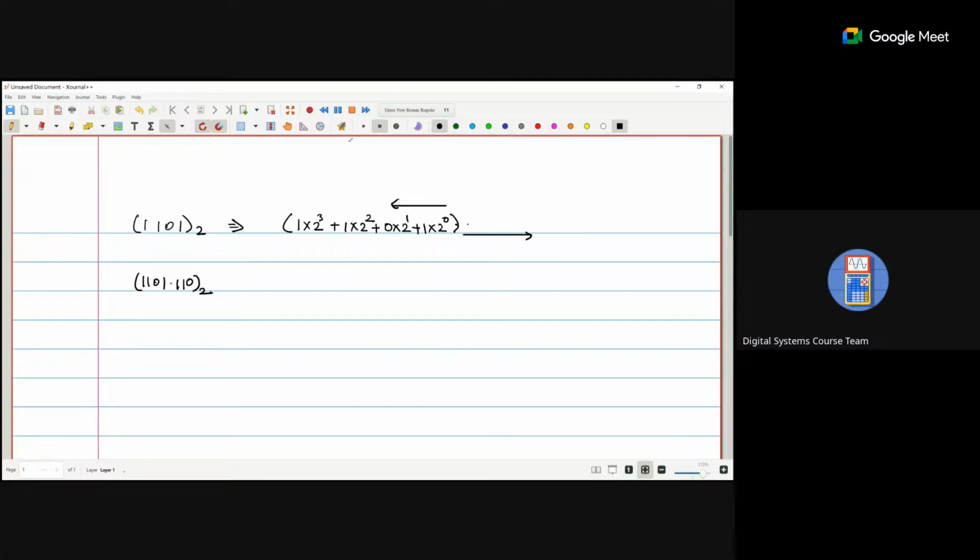So 1 into 2 plus 1 into 2 plus 0 into 2 plus 1 into 2, dot, 1 into 2 plus 1 into 2 plus 0 into 2. Now we provide the powers: 2 raised to power 0, 2 raised to power 1, 2 raised to power 2, 2 raised to power 3. On the right side of the decimal point, 2 raised to power minus 1, 2 raised to power minus 2, and 2 raised to power minus 3.